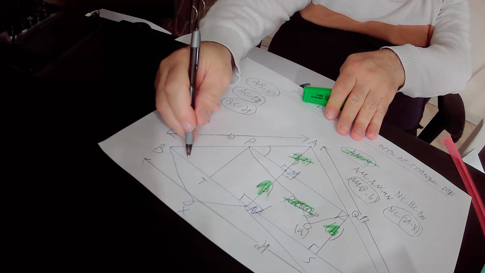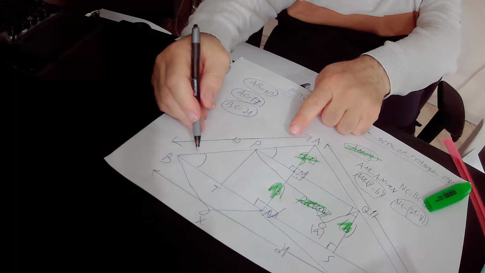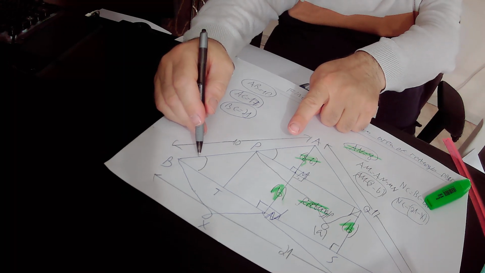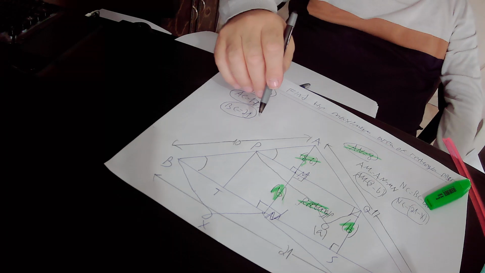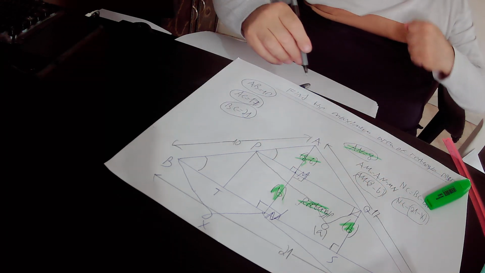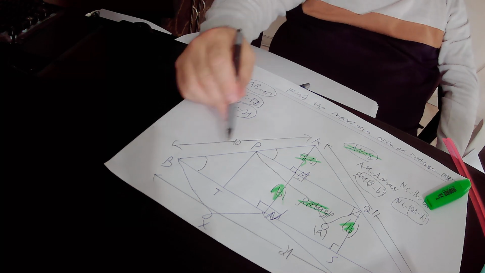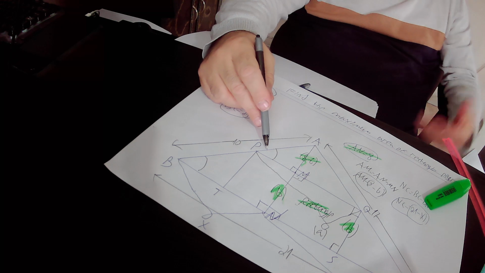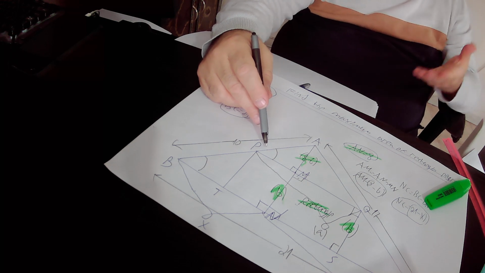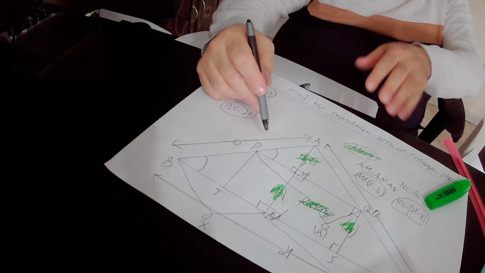Those two angles are defined as corresponding angles, and they are located between the parallel lines PQ and BC, and therefore they are equal to each other. So if we define this angle as alpha, then this angle must also equal alpha, according to the rule that corresponding angles between parallel lines are equal to each other.